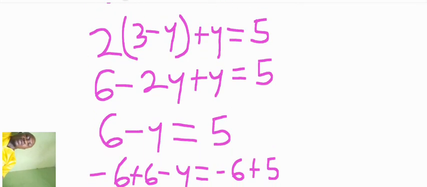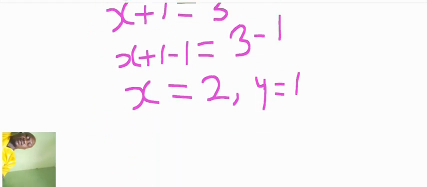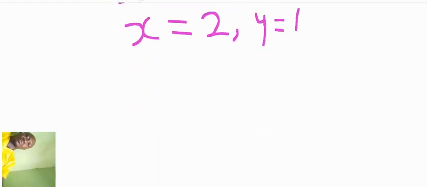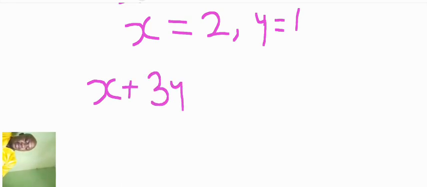Let's go and try another example. Okay, so example 2. We have x plus 3y is equal to 6. This is equation 1.